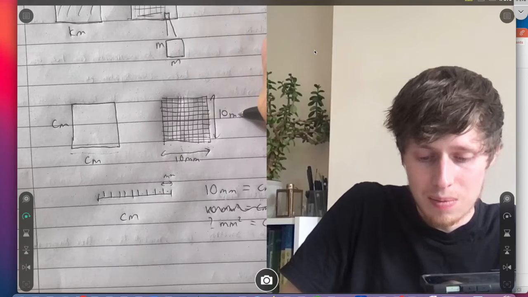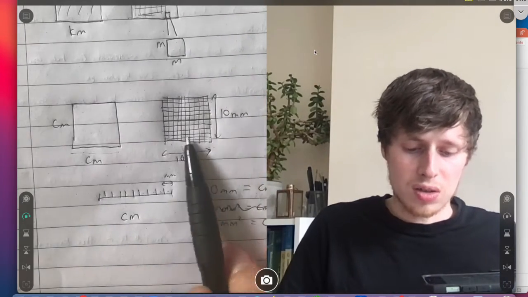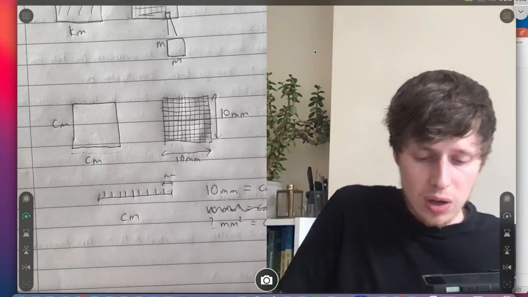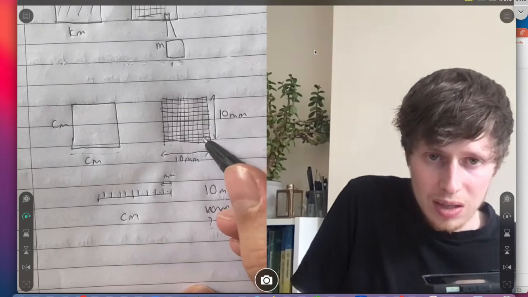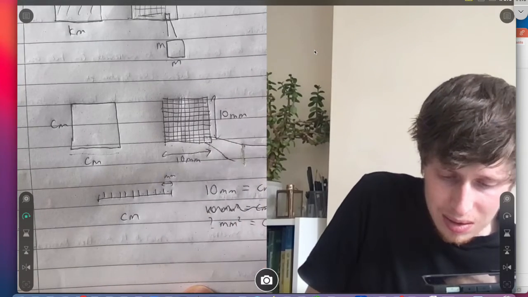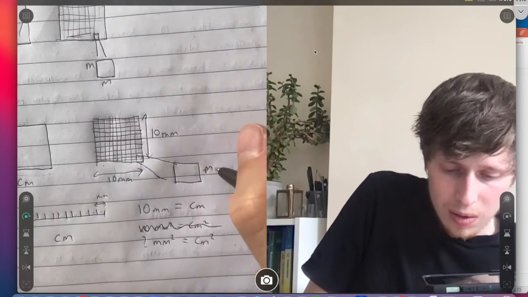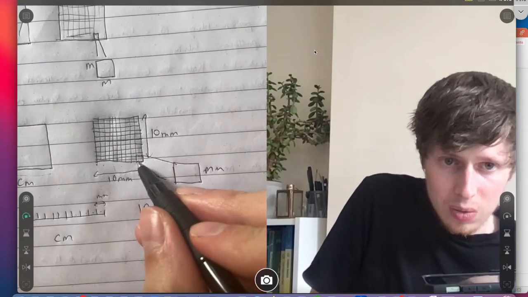So I've divided this same square into the same shape, except divided into strips of 10 and strips of 10. If you think about how big each of these little squares is, if we zoom in, this length here is 1 millimeter long, and this length here is 1 millimeter long.